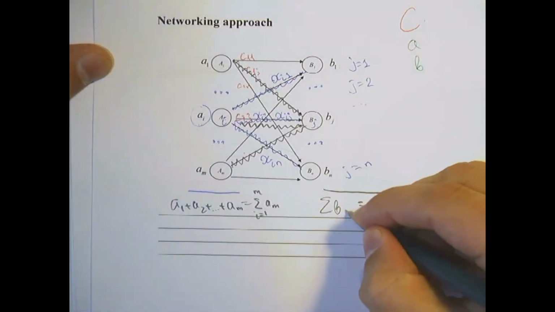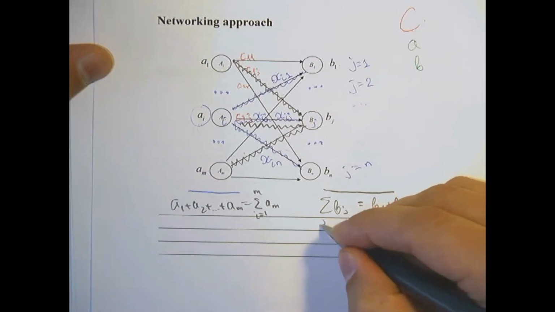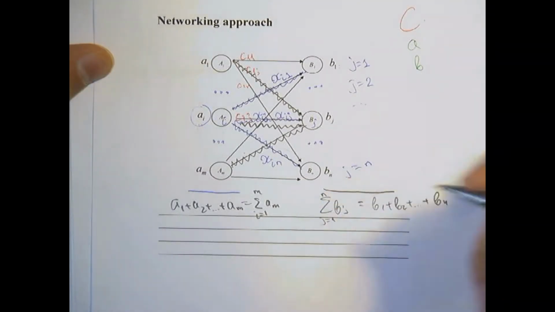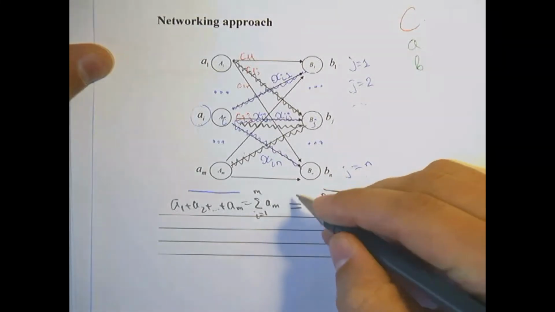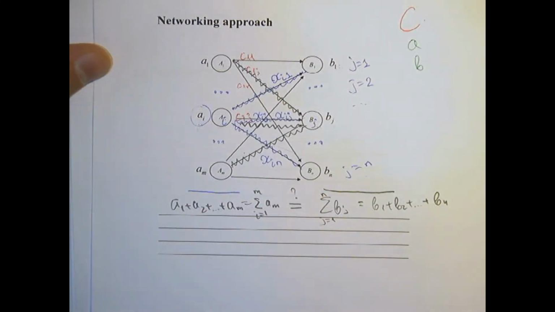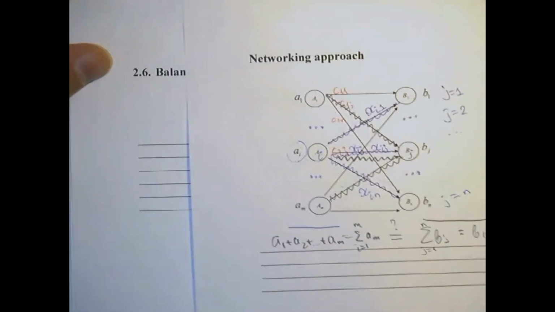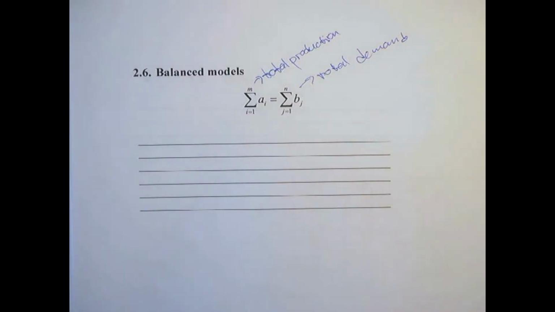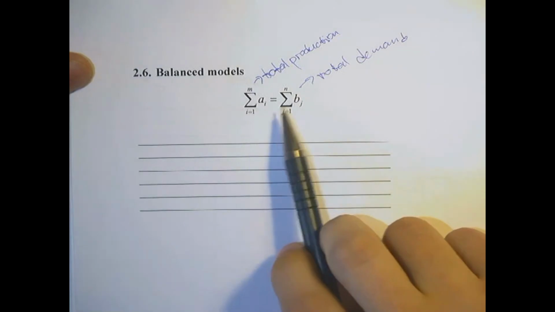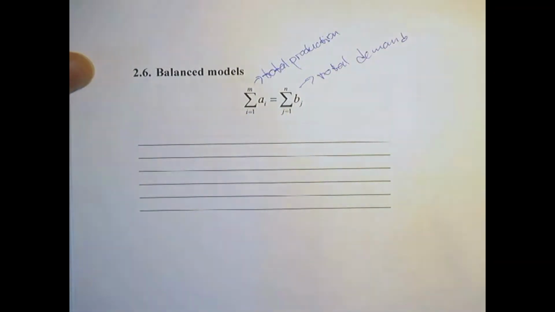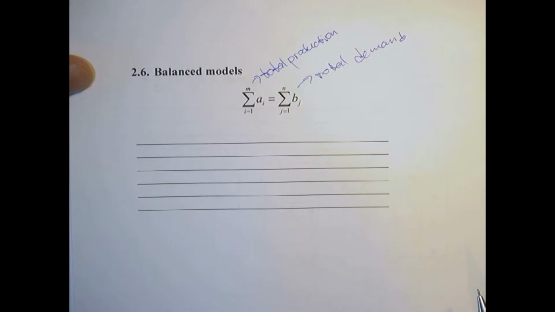It is the sum of b j's when j runs from 1 till n. We should check it, and when there is equality, we answer yes, there is equality, so the problem is balanced. And in this case, if the balance condition takes place, our transportation problem has a solution.